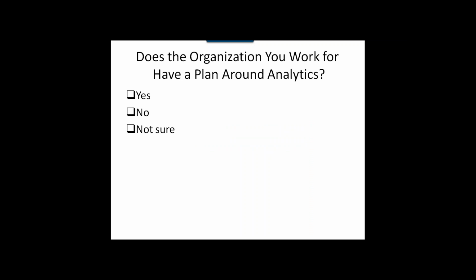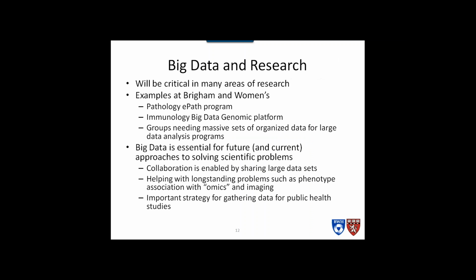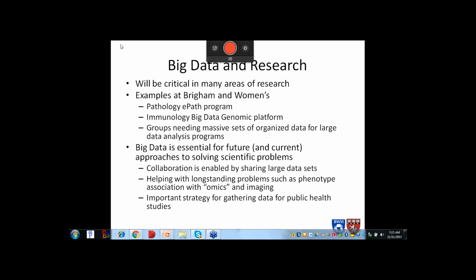Thank you. So it sounds like people are at all different levels around this. So now I'm going to talk about big data and research. Big data is really going to be critical in many areas of research. A few examples from our institution include our ePath program.